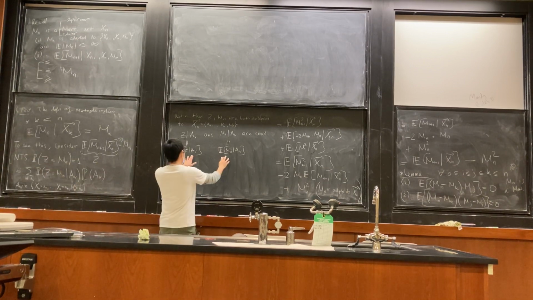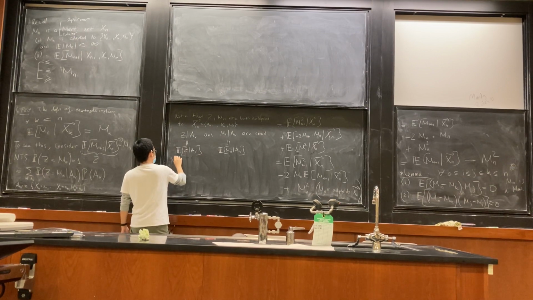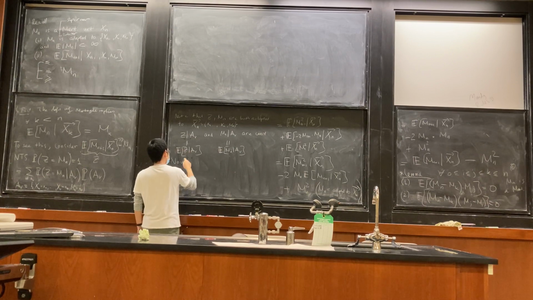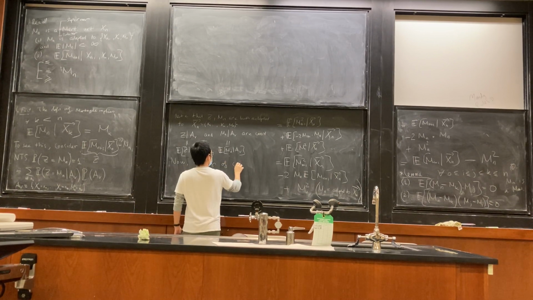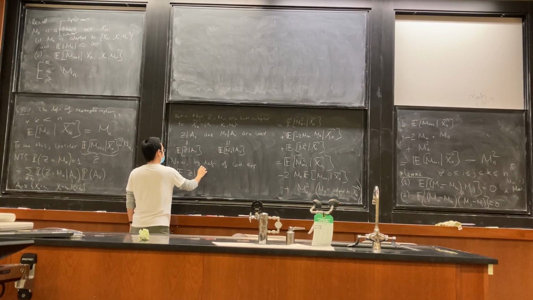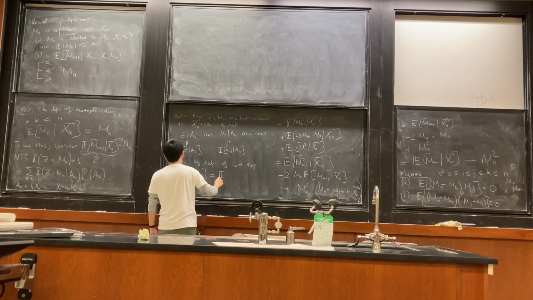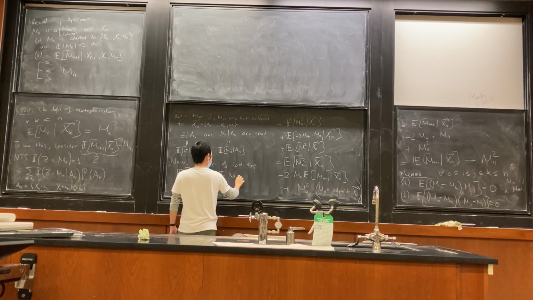So I want to show these two are the same, and okay, now we have again by definition of conditional expectation, the expected value of Z conditioned on AB is equal to the expected value of Mn plus 2 conditioned on AB.